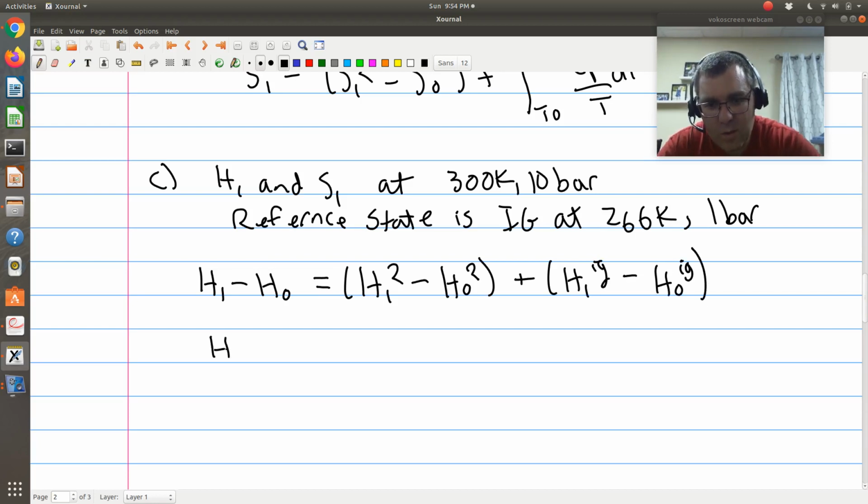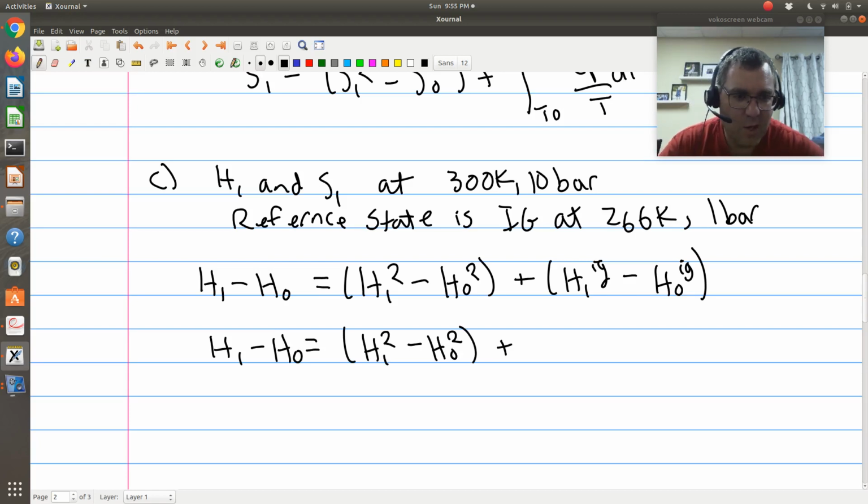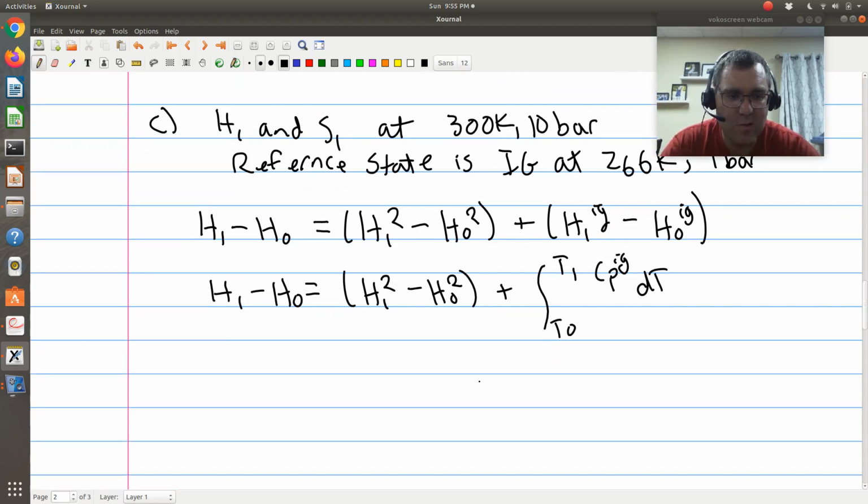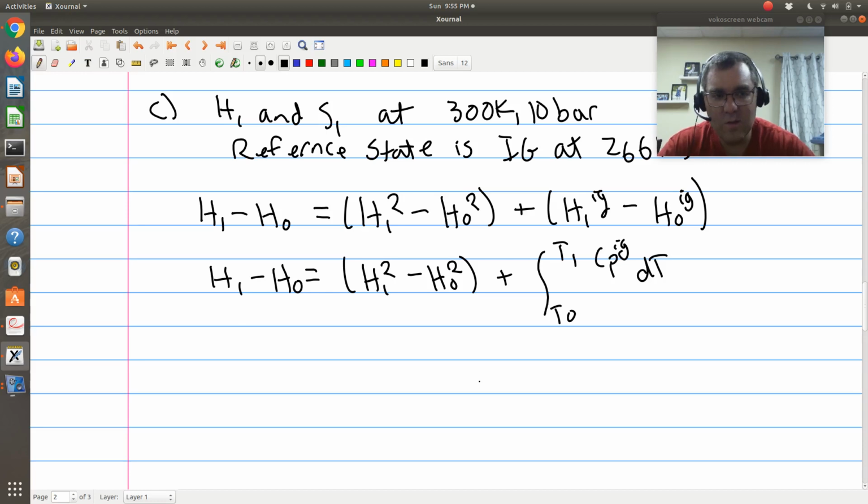So H1 minus H naught is equivalent to H1R minus H naught R plus the change in enthalpy for an ideal gas, which is the integral from T naught to T1 of Cp ideal gas dT. Enthalpy is only a function of T, so this is just the integral of Cp dT, going from some state 1 to some state naught. So this is true in general.